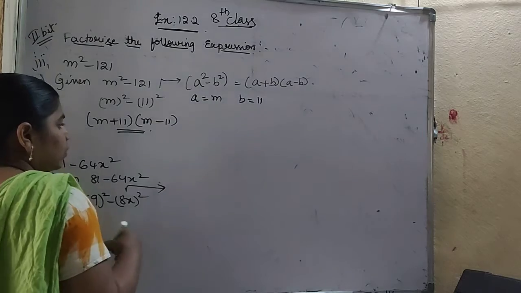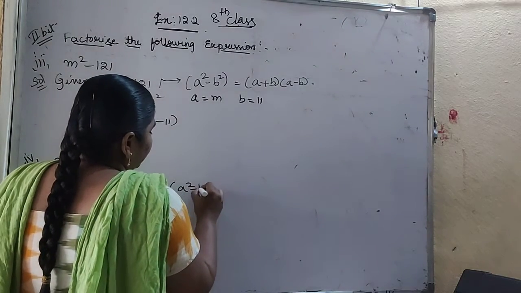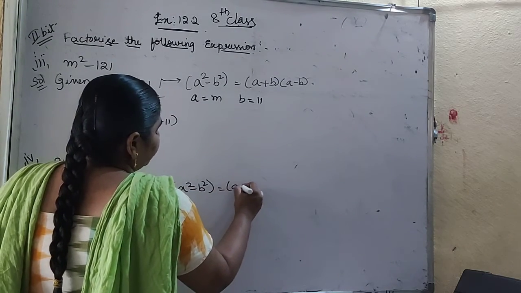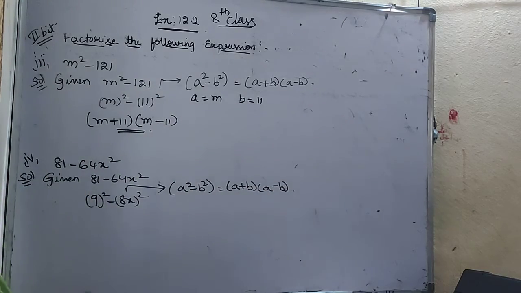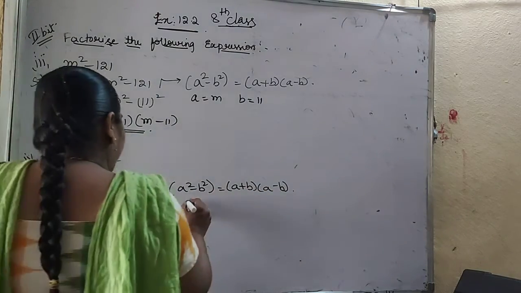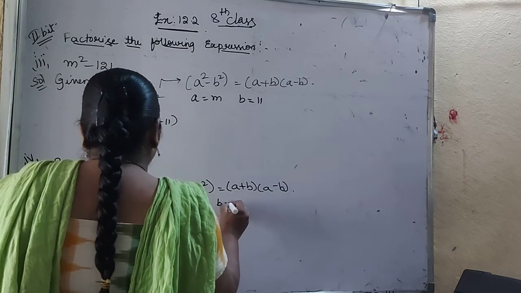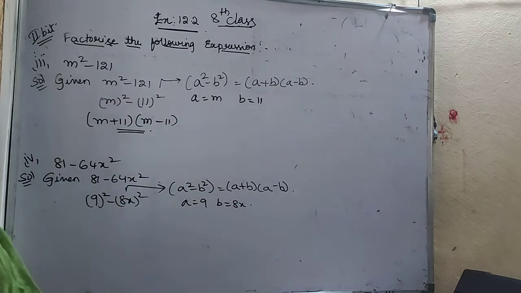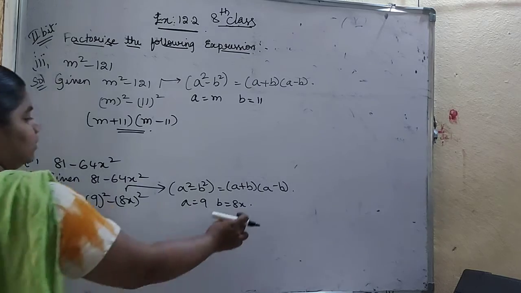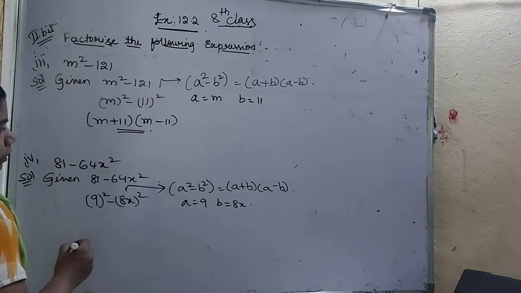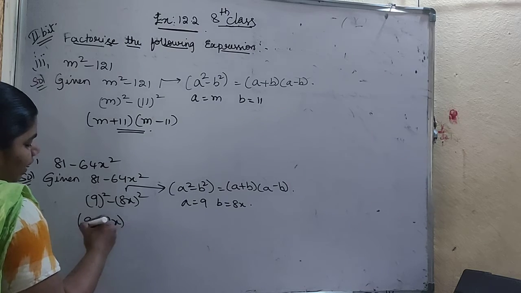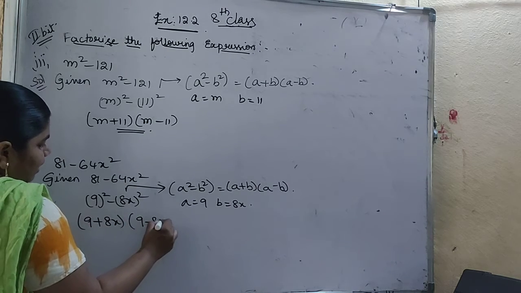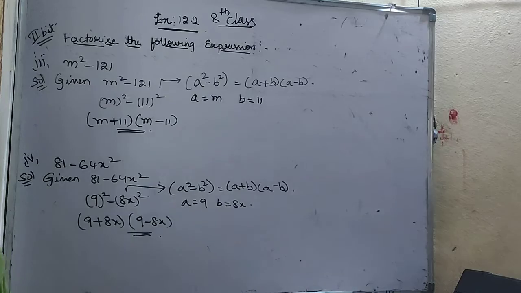Again this has been converted to a square minus b square, that is we can write in the form of a plus b into a minus b. So what is the a value and b value here? A value is equal to 9 and b value is equal to 8x. Now we can split this to this form, that is a plus b into a minus b. That is 9 plus 8x is one factor, 9 minus 8x is the other factor. So this is our fourth one.